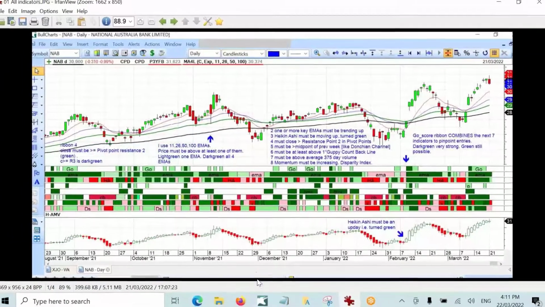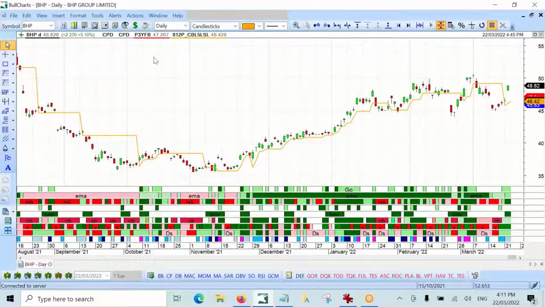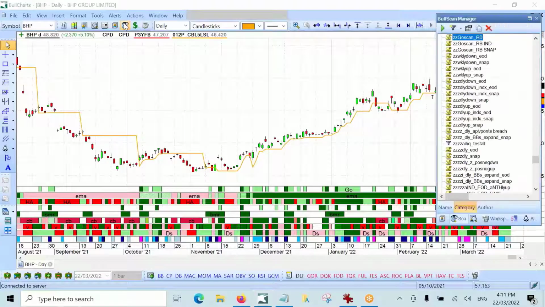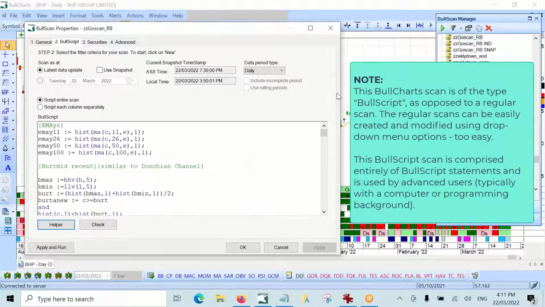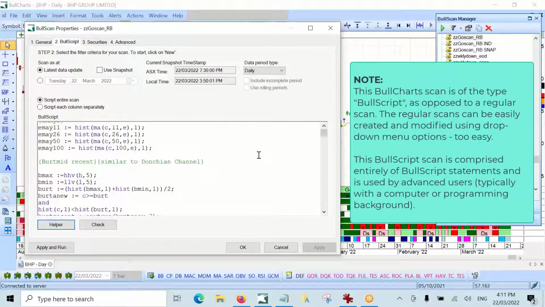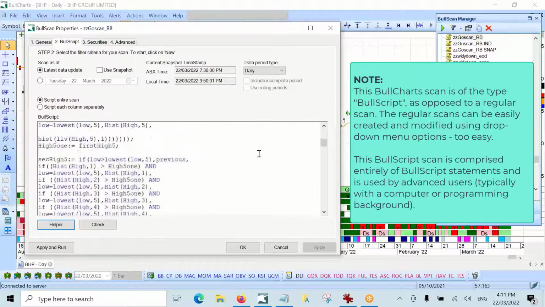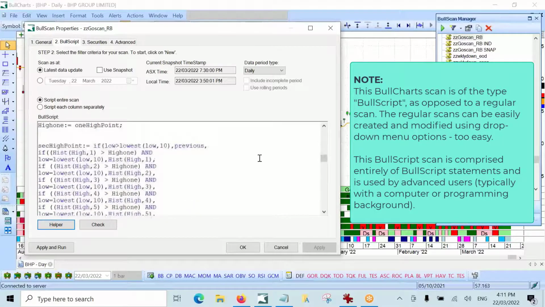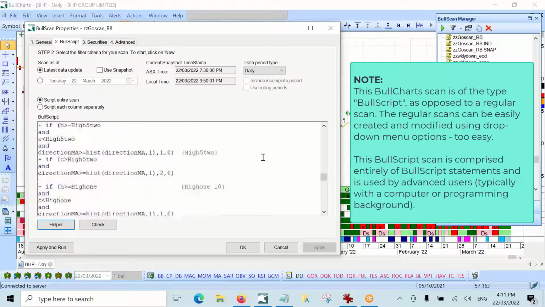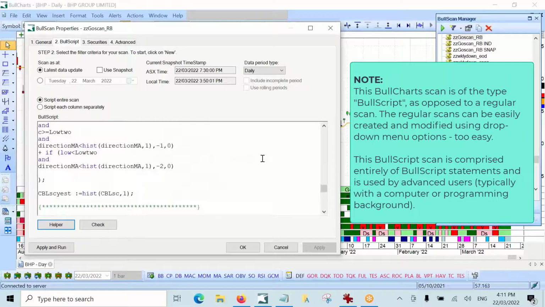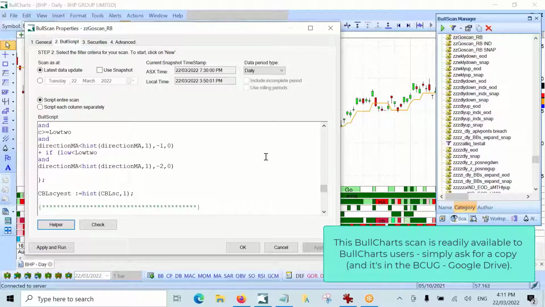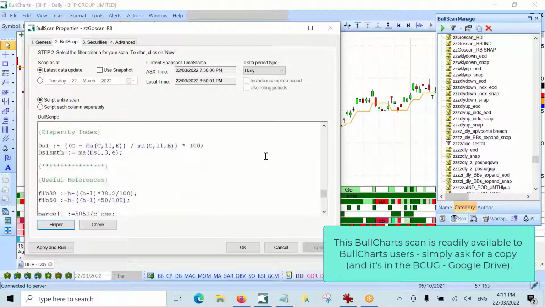I'll just show you the scan itself briefly, just to show you how complex it is, and then I'll go back to that initial slide and work my way through. As you can see, it's quite a complicated scan, very extensive, which I won't bore you with going through. Robert's got a copy of this, so you're welcome to that.